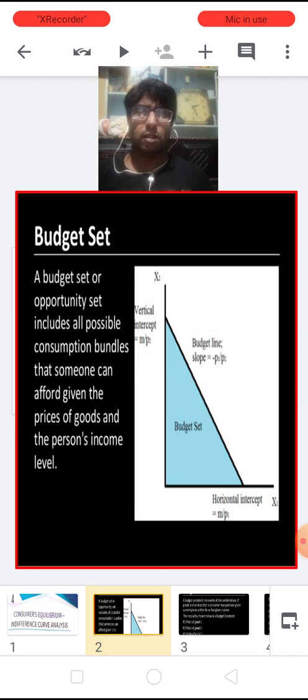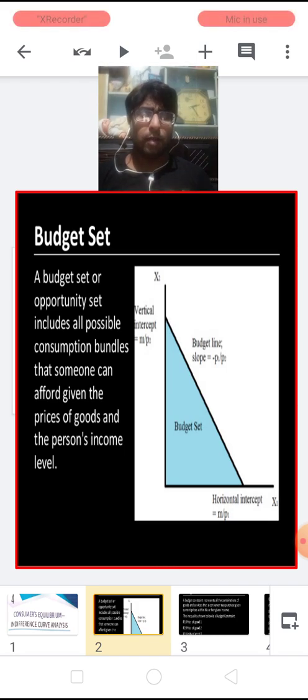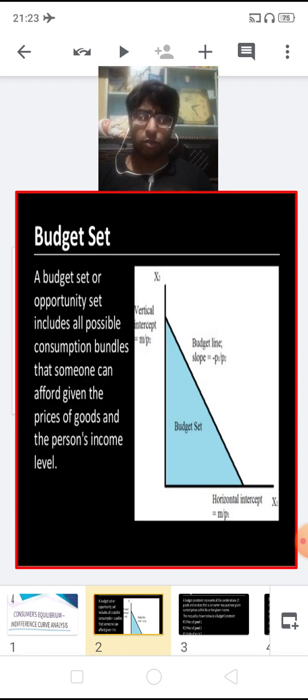Now children, what is a budget set? Children, budget set refers to all the attainable combinations of two commodities that a consumer can buy with his given income and market prices, such that the cost of each combination is exactly equal to the money income of the consumer.